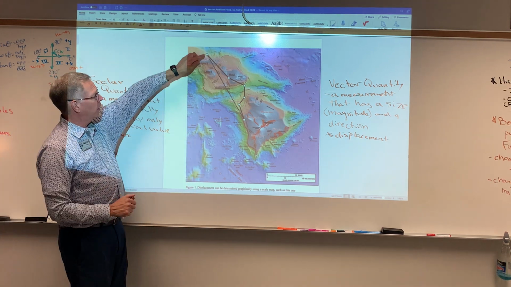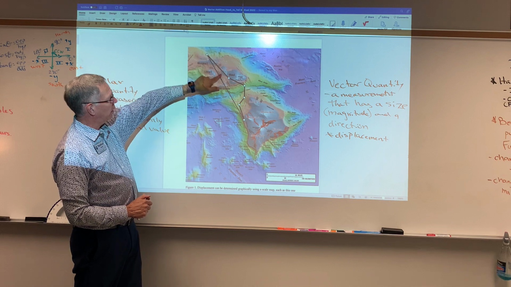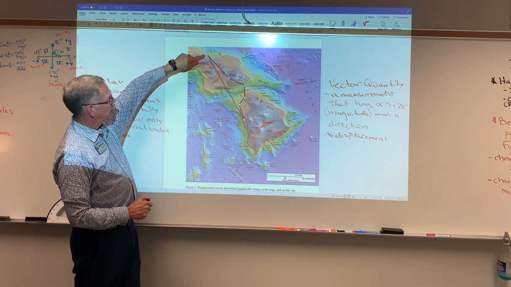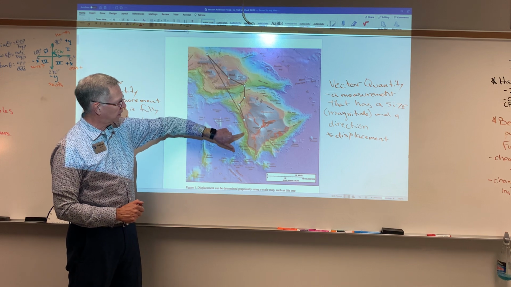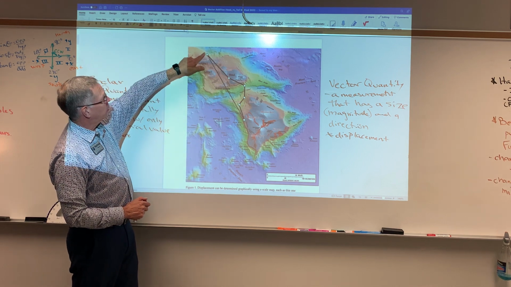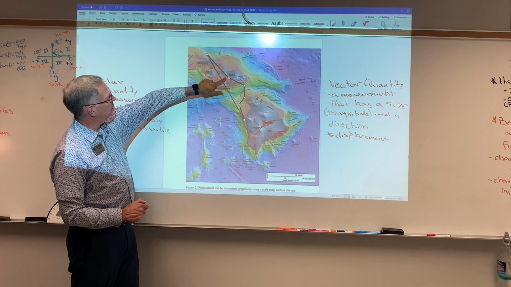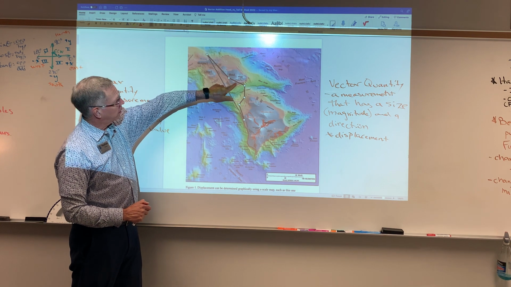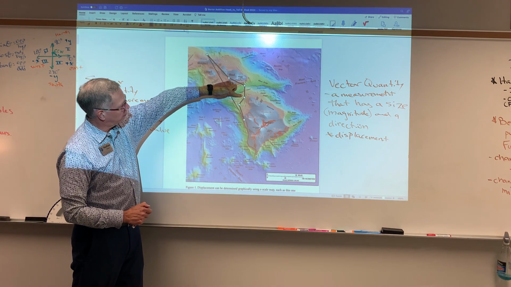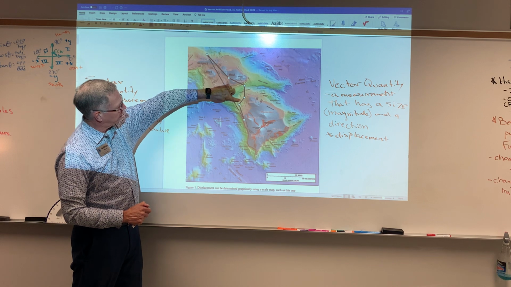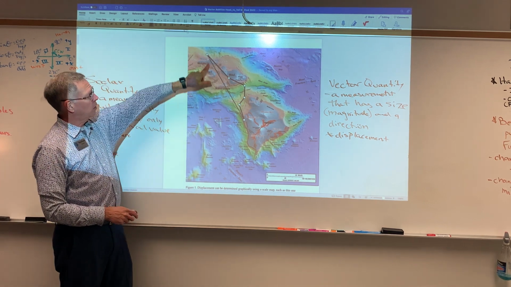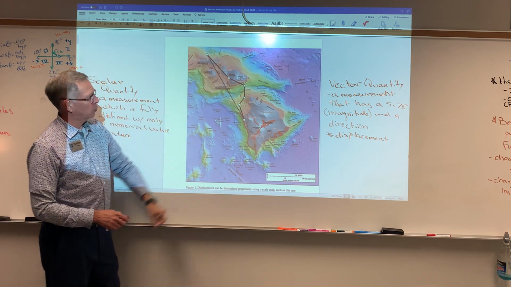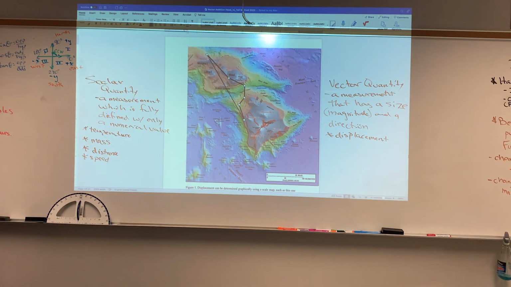So for the example here, if somebody's hiking in Hawaii, and the black line is the path which they hiked, okay? So they went up on the top of the mountain here, came down this side, went down near the beach this way. They turned and went there. Okay, so these would all be individual displacement vectors.